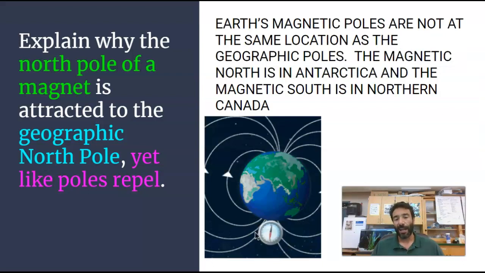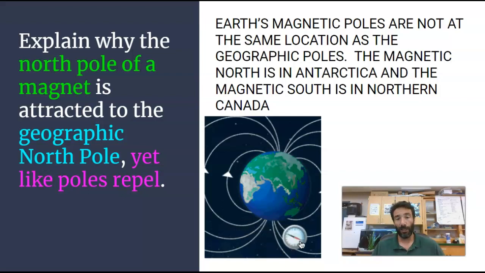See, in fact, the magnetic north pole of Earth is down in the southern hemisphere at Antarctica, at the geographic South Pole. So we have to make the distinction here between magnetic and geographic. Geographic is like what we see on a map. We describe the South Pole on a map as the geographic South Pole.